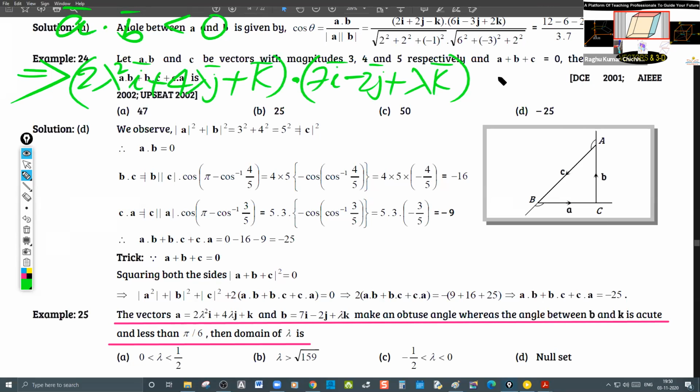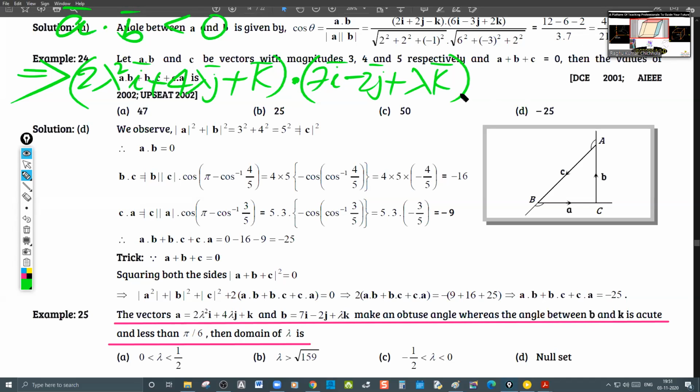Obtuse angle means, tell me, Kaushik or Praneeth, will the dot product be less than 0 or greater than 0? Any one of you.